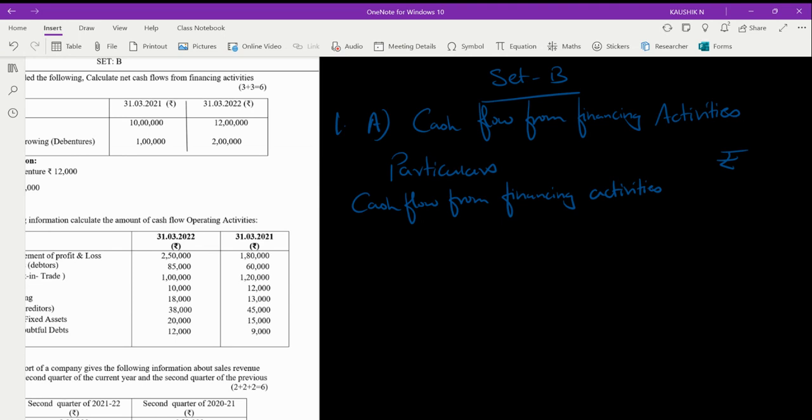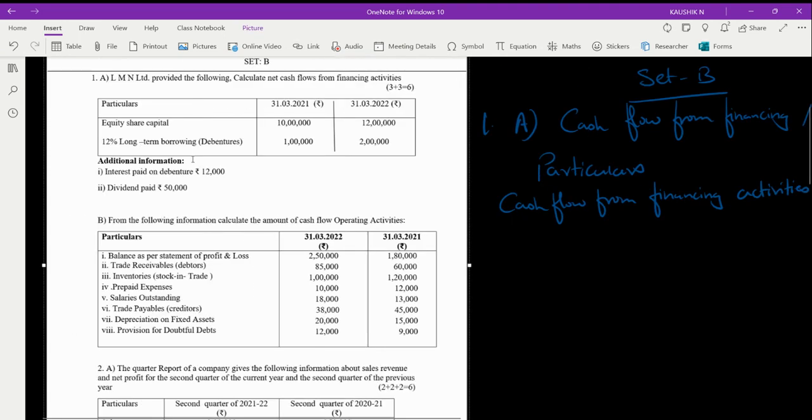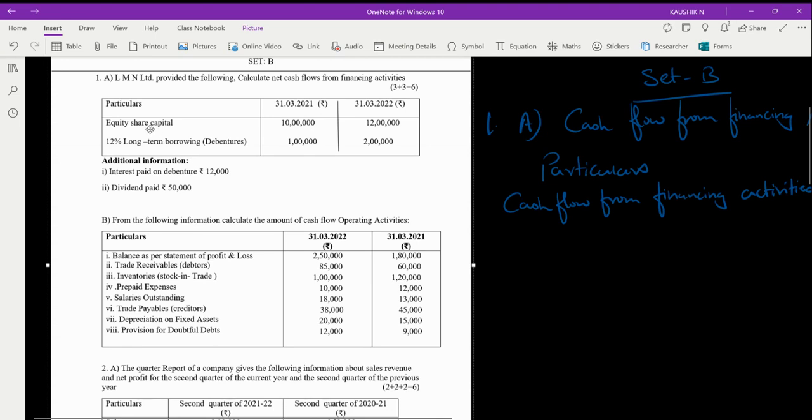Let's start understanding the question, what they have given in this tabular column. Equity share capital. You have got 2 years, 2021 and 2022. I have changed the columns. Usually, the first column, as per your CFS company's records, will be the current year, and the right hand side might be the previous year.